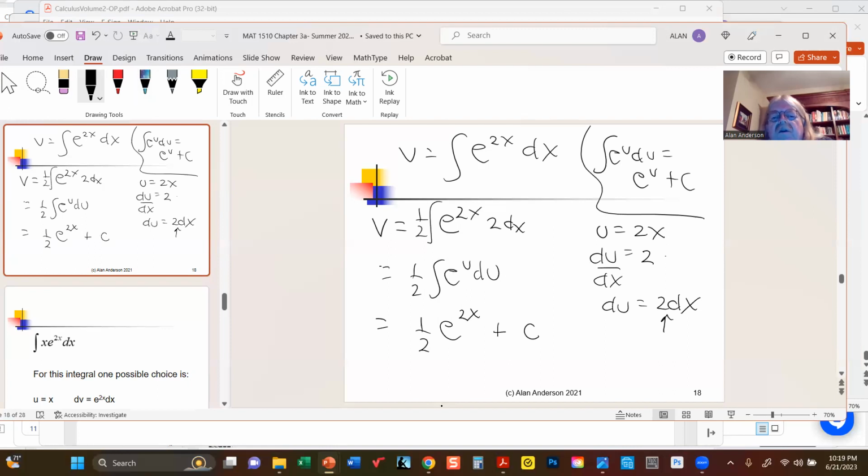Because this is clearly e to the u, and u is 2x. Now, we bring this back. And by the way, again, we don't need to worry about the constant just yet.